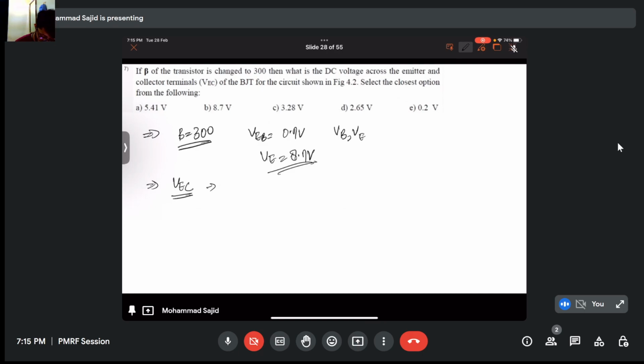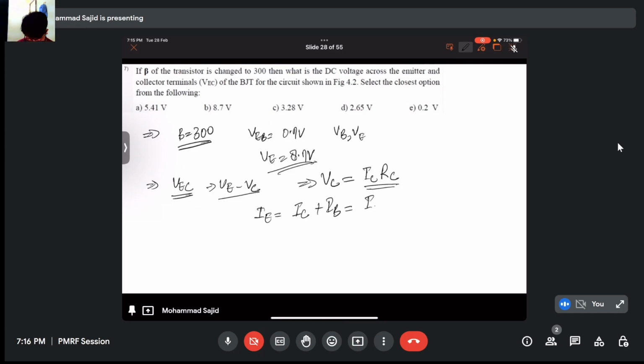So for that we have VE minus VC. VE is fixed at 8.7 volts. Now we have to find VC, right? So VC will be equivalent to IC times RC. Now let's see what IC is. IE is equivalent to IC plus IB.